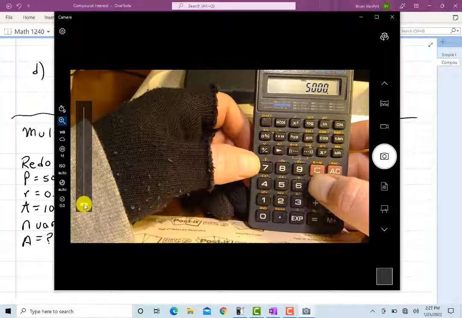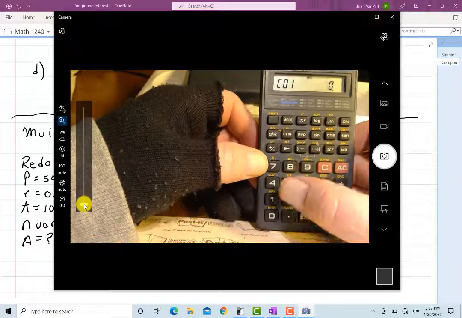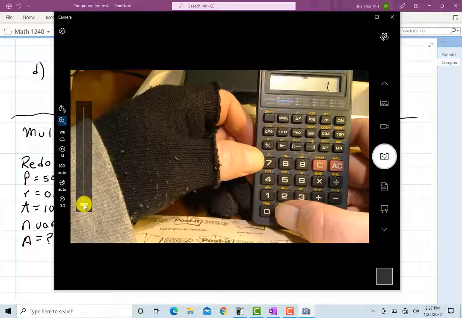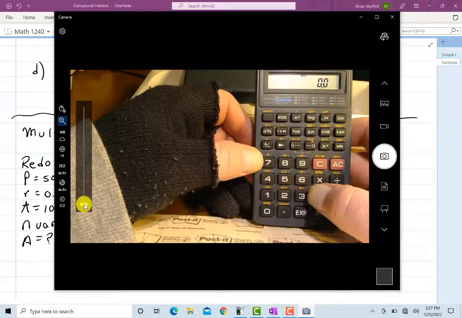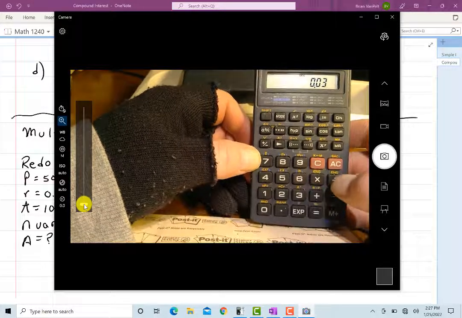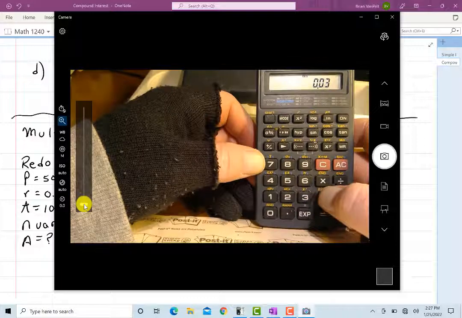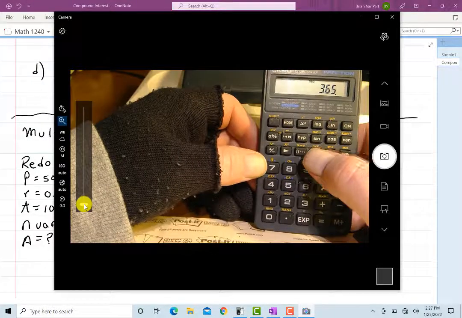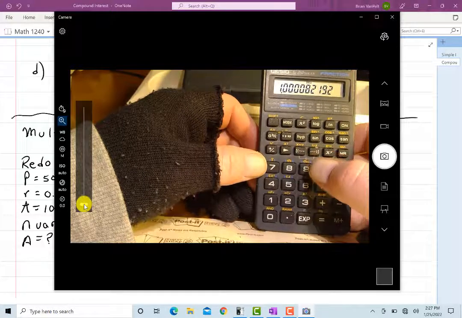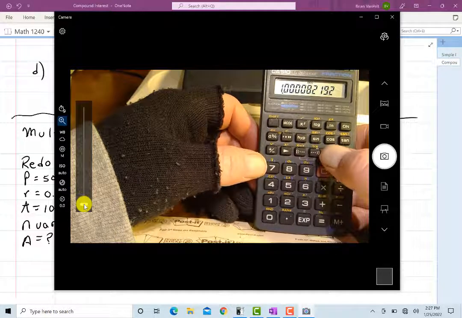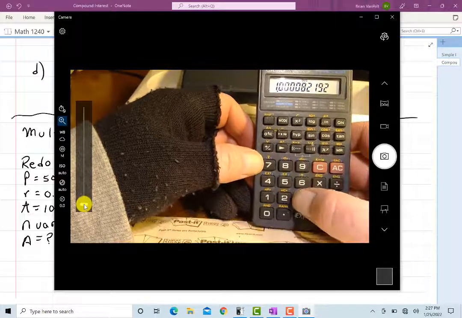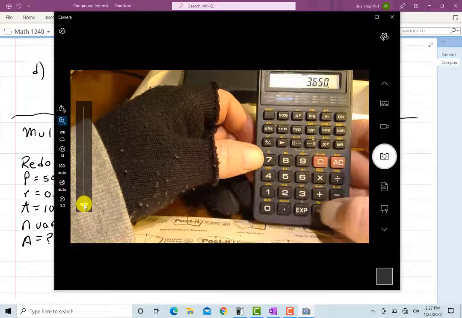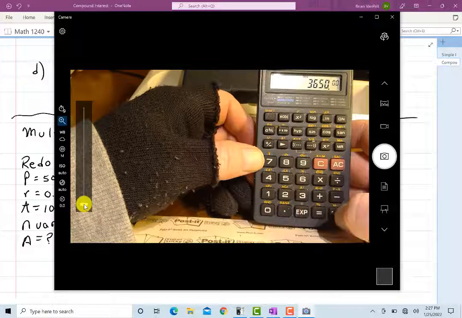Now I will do the times, parenthesis, 1 plus 0.03 divided by 365, finish the parenthesis. I am going to raise that to the 3650 power and see what we get for our answer.